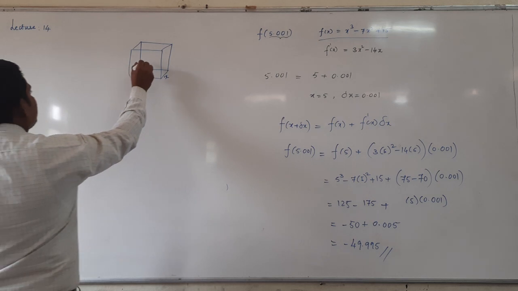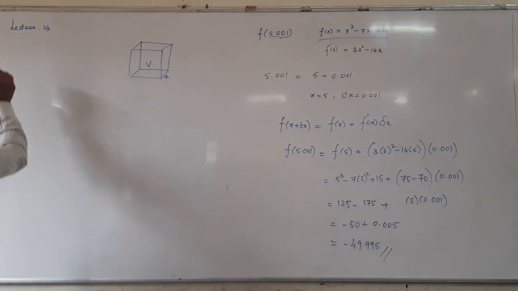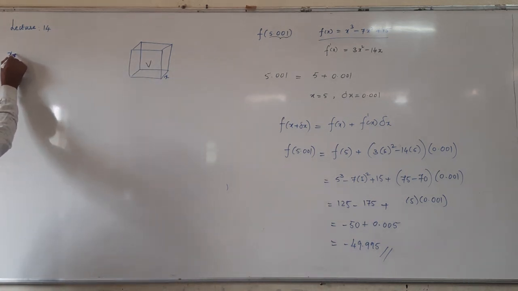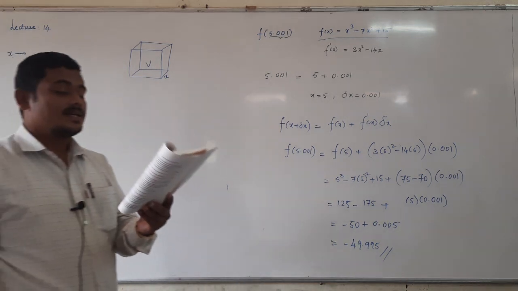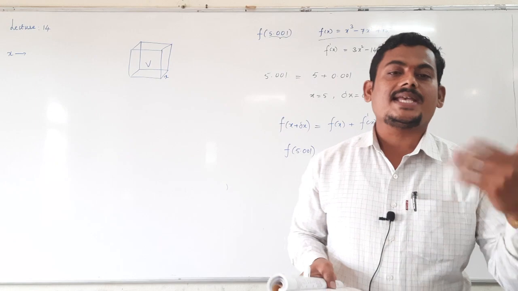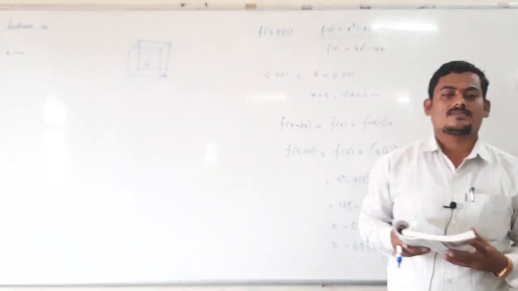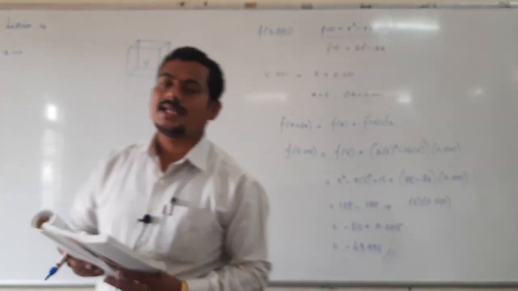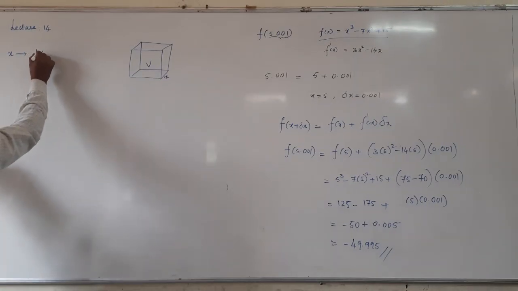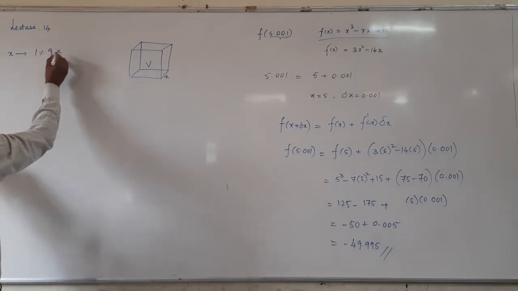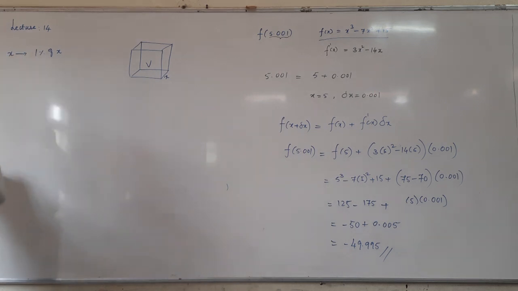Then what is the change in its volume V? The edge length changes from x to 1% more. The side length is increased by 1%. Initially it is x, after some time it has increased by 1% of x. This is the change in x.